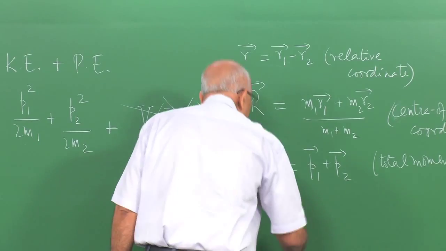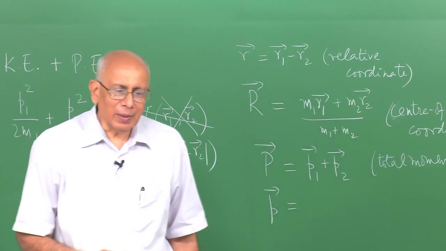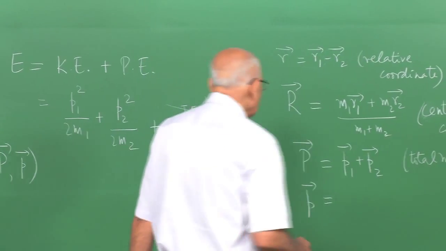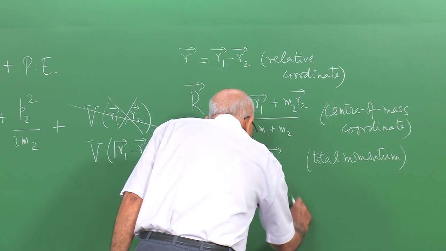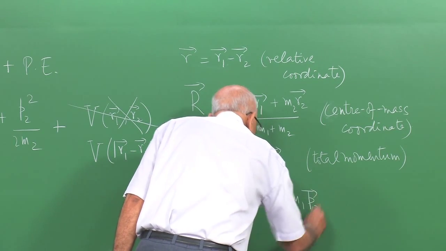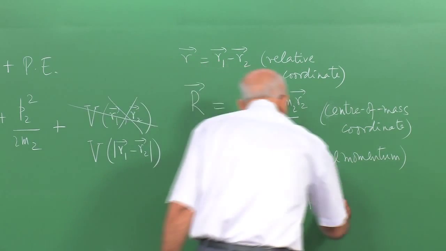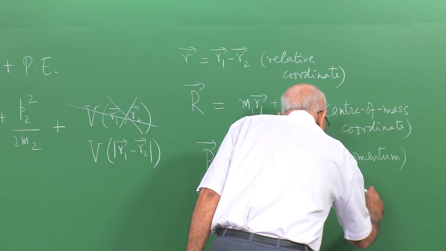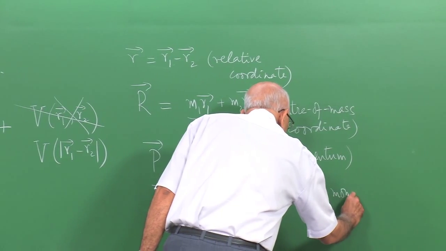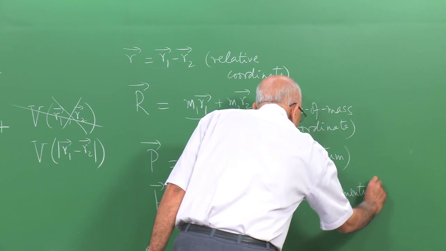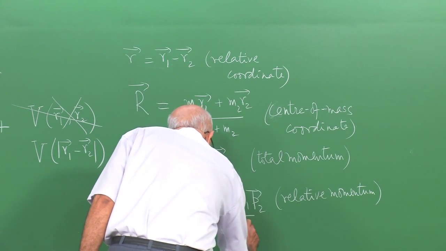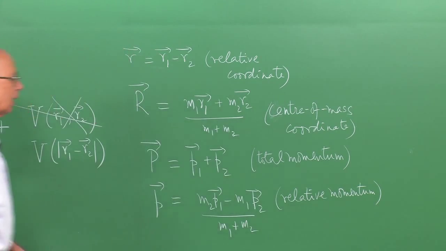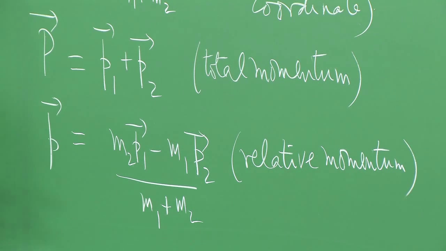It is not equal to p1 minus p2 or p2 minus p1, it is rather equal to m2 p1 minus m1 p2, and it is called the relative momentum, divided by the total mass m1 plus m2. It should have the dimensions of a linear momentum, so there is a division here by the total mass.